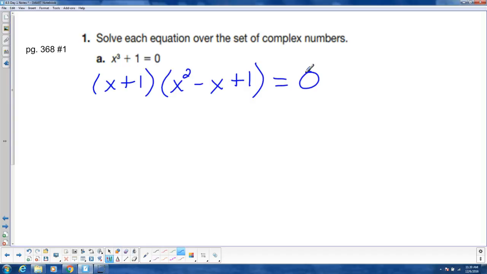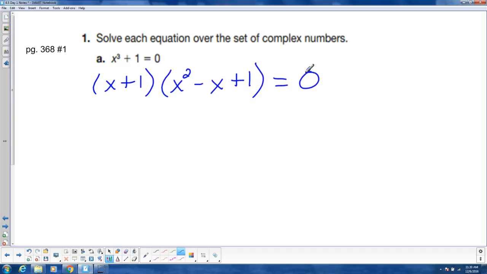Yeah. Following this formula that we had last Friday. Okay. X squared minus x plus 1.